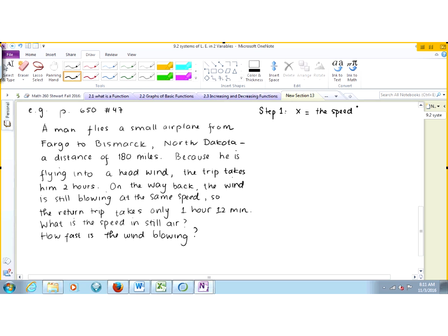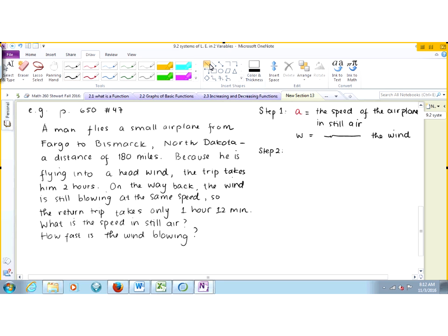So X is which one? The speed of the plane, or you could use A, actually, A and W. Should we use A and W? Okay. So A is the speed of the plane in still air, right? And then W, what is W? The speed of the wind. Okay, do you think we have a table?